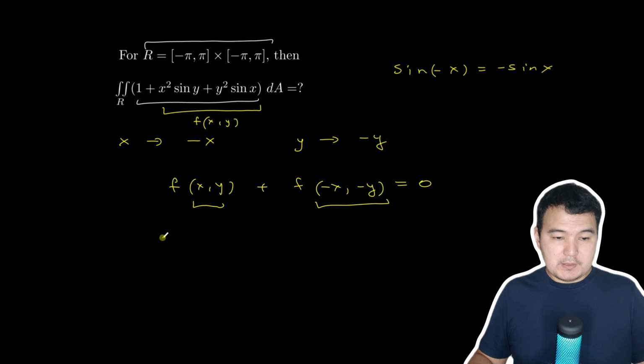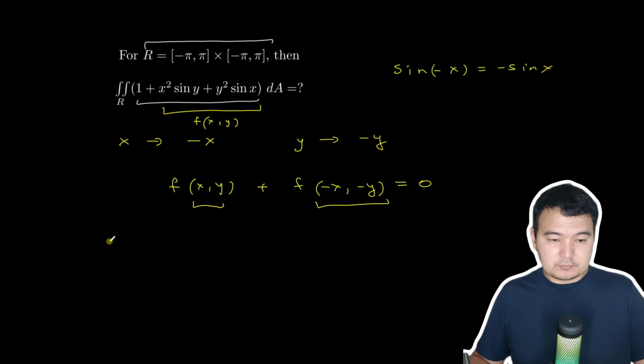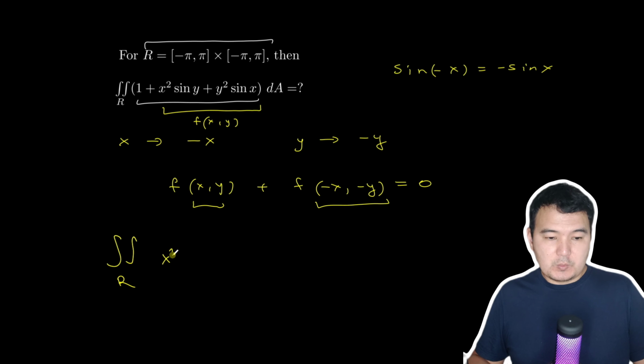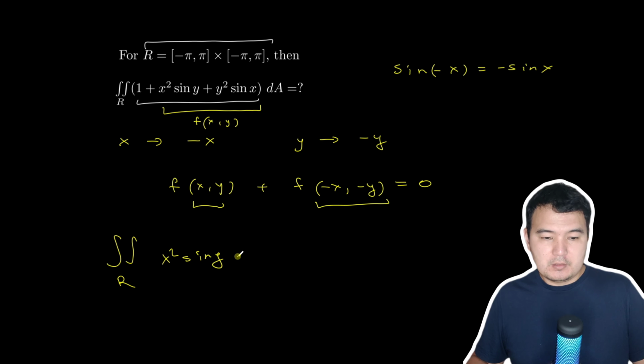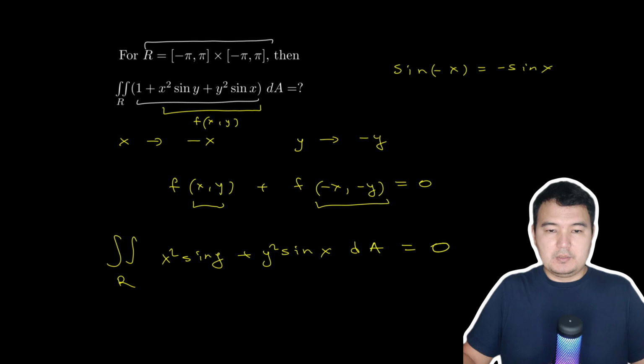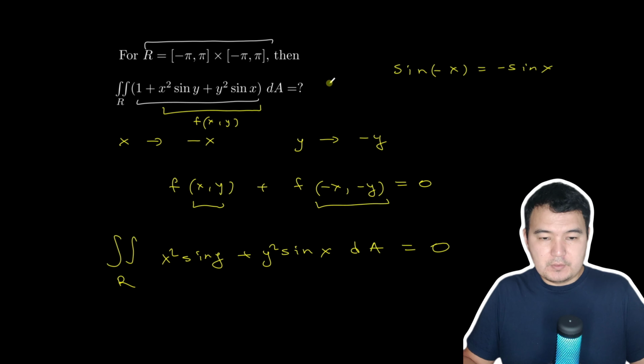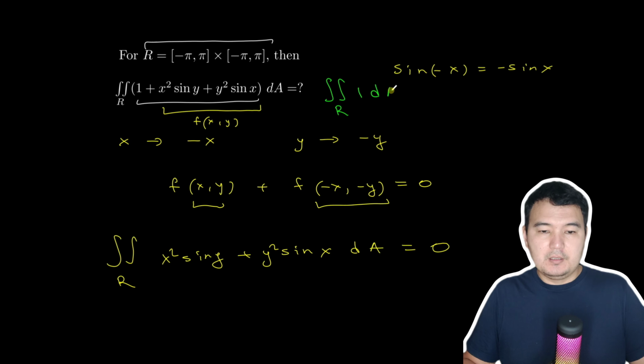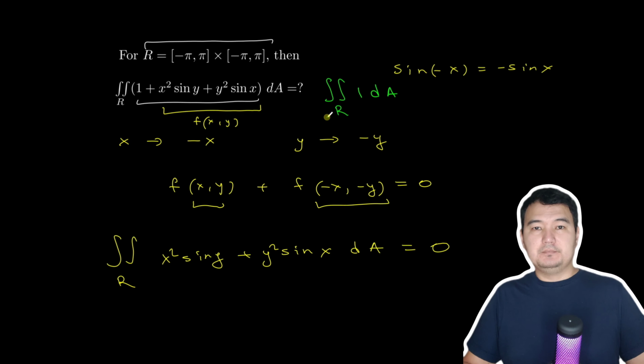So basically the integral of x squared sine y plus y squared sine x over this area is 0. So that means we are left to do the integral over the area of 1 only.